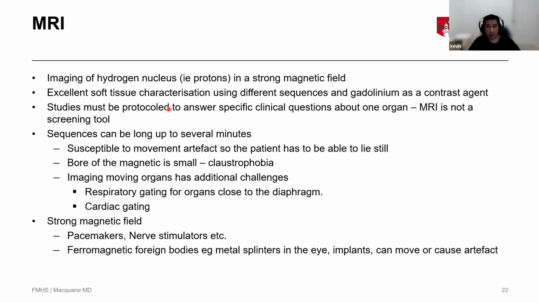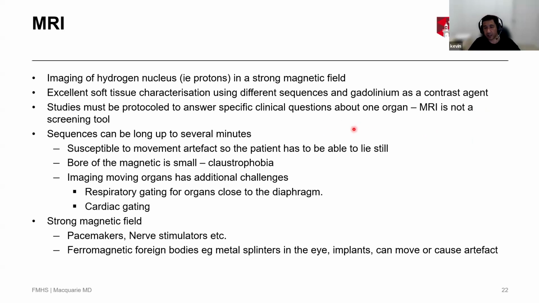Now, CT is really fast these days. You can image the entire body in seconds. With MRI, sequences may take minutes, okay? So a whole MRI scan will take about 20 to 30 to 40 minutes, depending on what you're looking at and how complex the problem is.